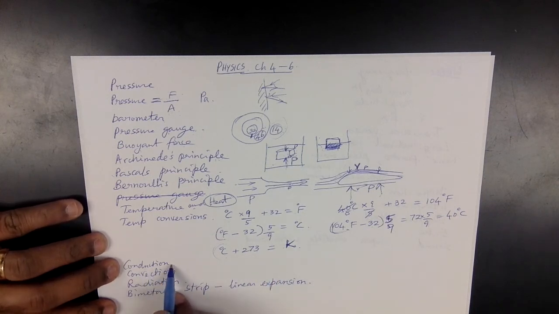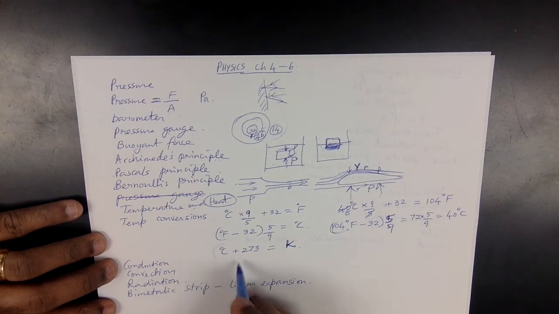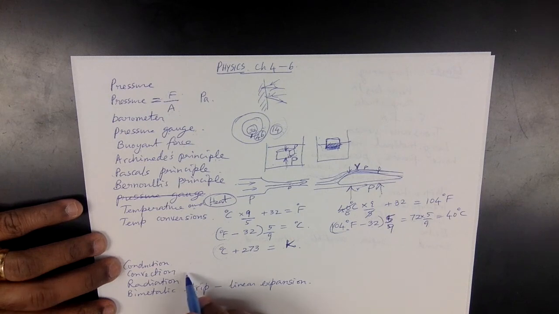Now, coming to conduction, we discussed conduction in class in detail. Conduction is when the heat energy is passed on from atom to atom. Convection is a bulk movement of matter, and the sea breeze and land breeze and all that is caused mainly by convection. Radiation is something that travels at the speed of light.